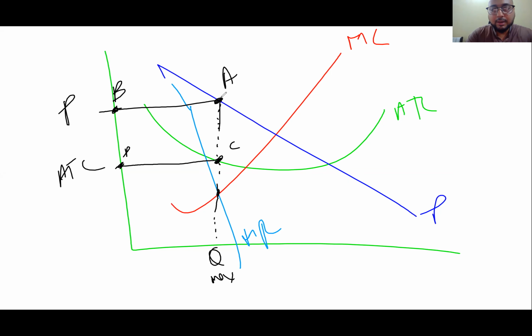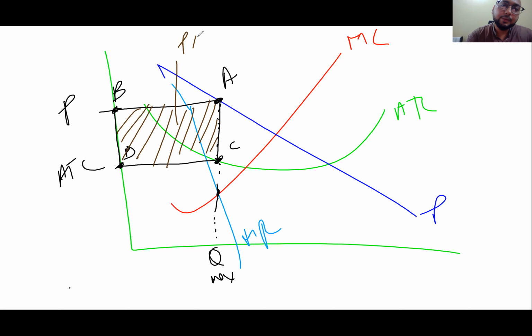So this area, this rectangle, the black one, ABCD, let me fill it with, I think, brown color. This is called profit.